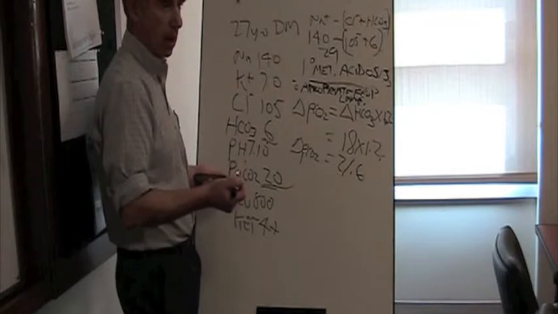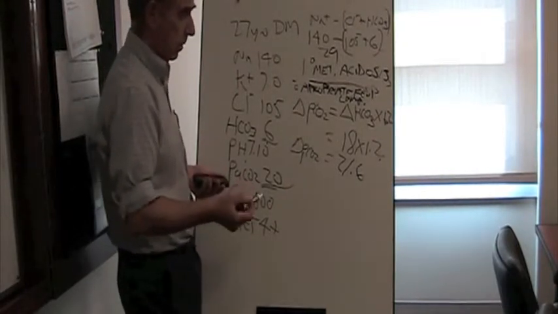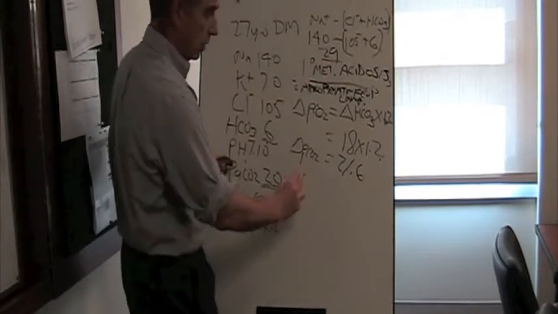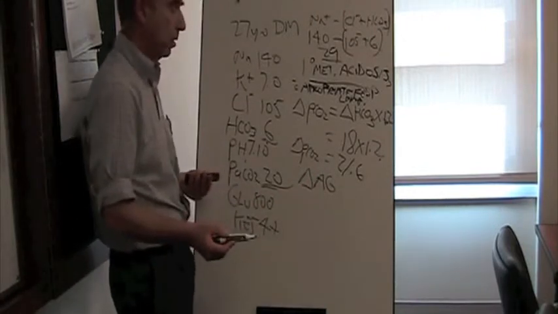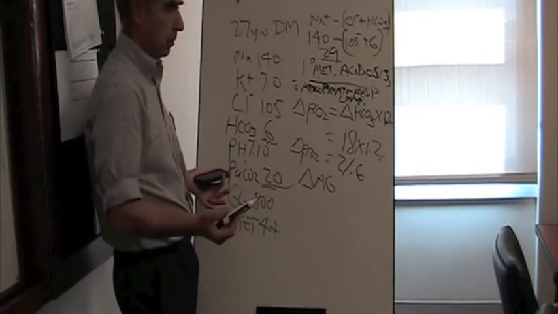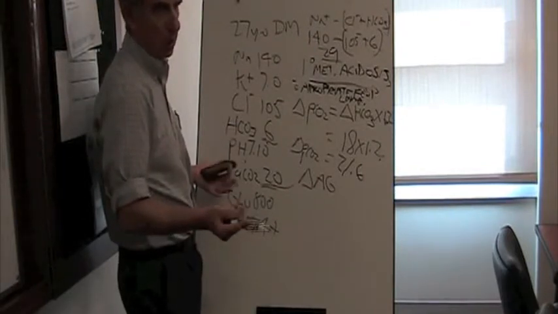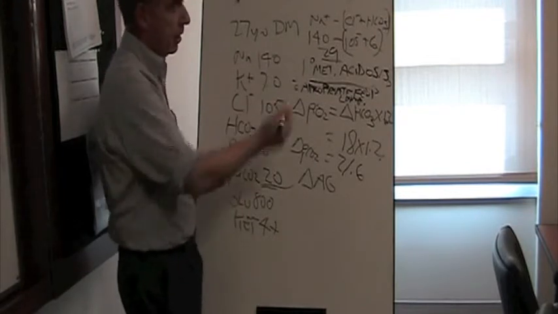So what's the delta anion gap for this patient? The delta anion gap, the change in anion gap from normal, is what? What's a normal anion gap? I told you, 10 to 12, so let's use 10.